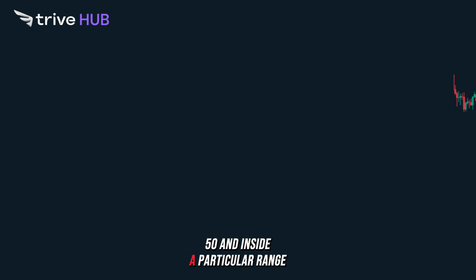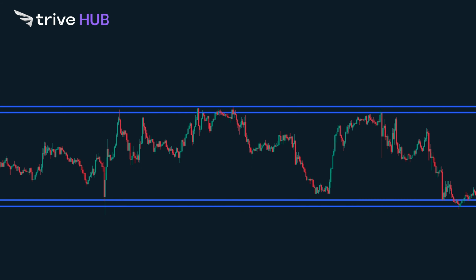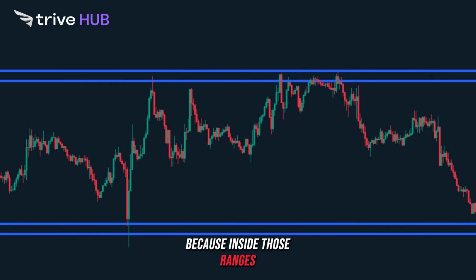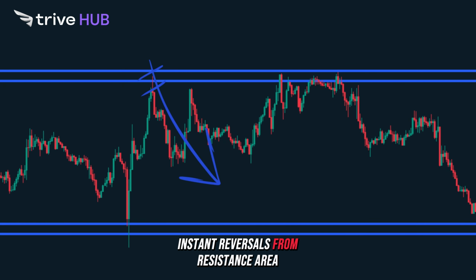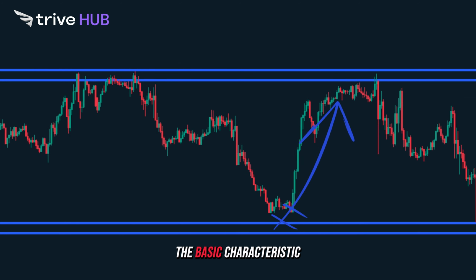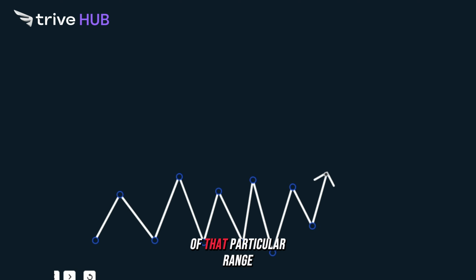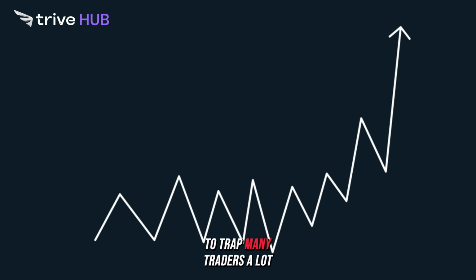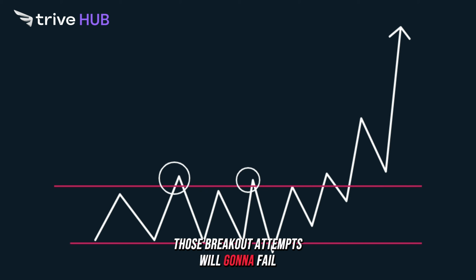Inside a particular range, you may not be able to predict the price movement very clearly, because inside those ranges random price movement forms. Instant reversals from the resistance area or bounces from support are the basic characteristic, and the market tries to break out of that range to trap many traders a lot of the time, and 80% of the time those breakout attempts will fail.